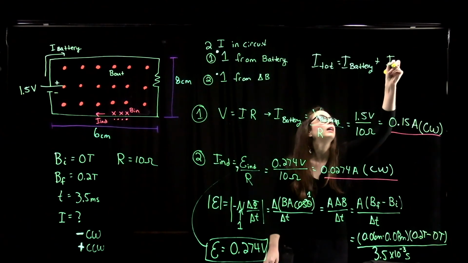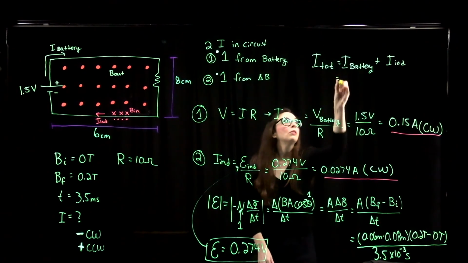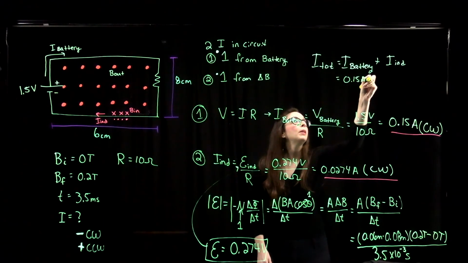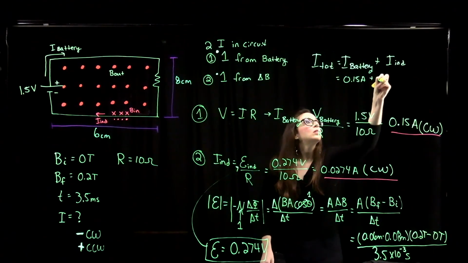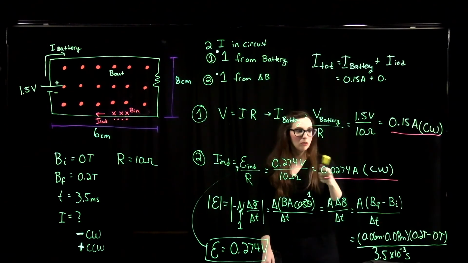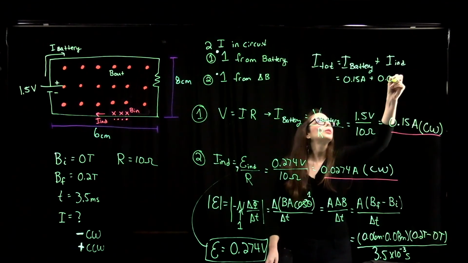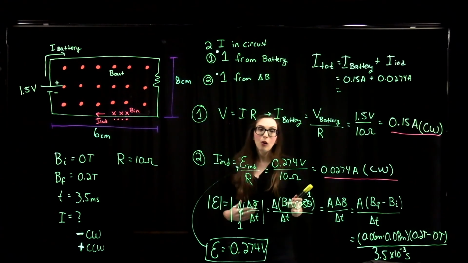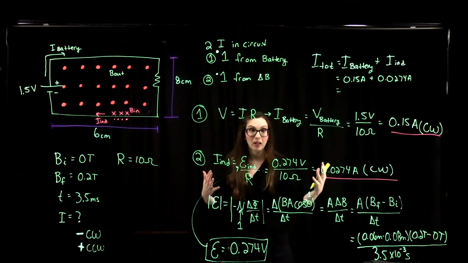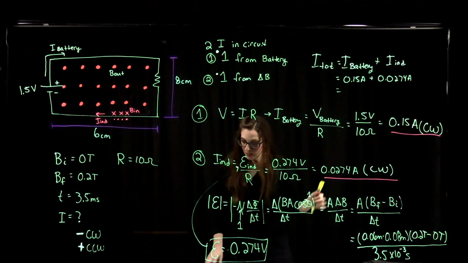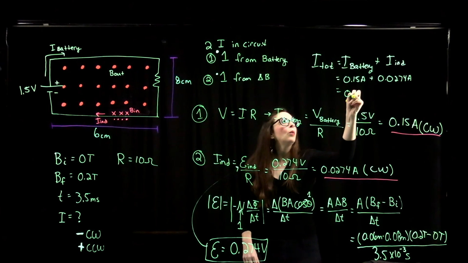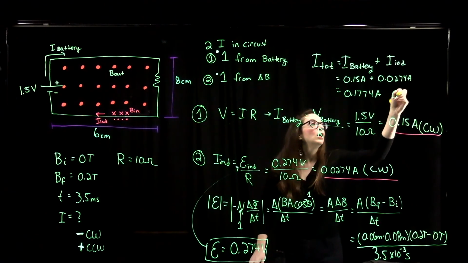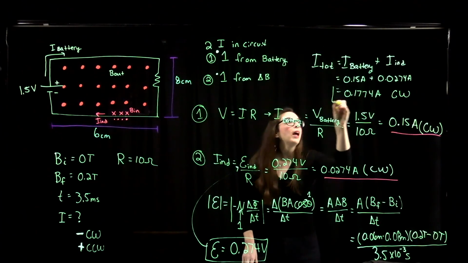So that's going to be 0.15 amperes plus 0.0274 amperes. So my total current in the circuit as my magnetic field is increasing is 0.1774 amperes, and it is clockwise.